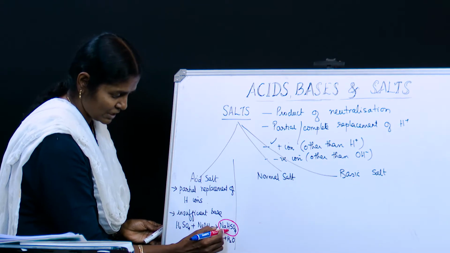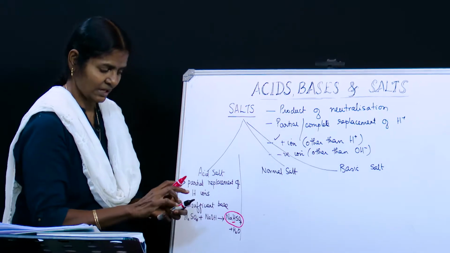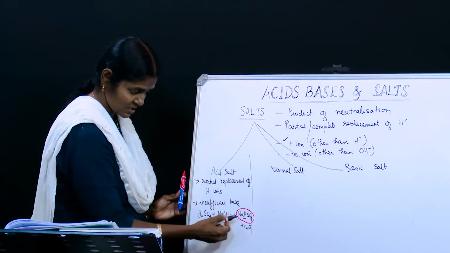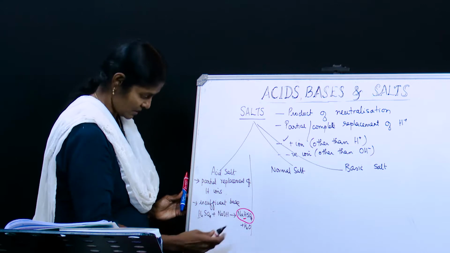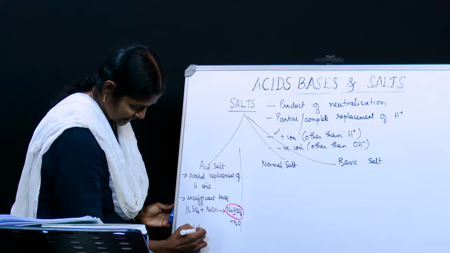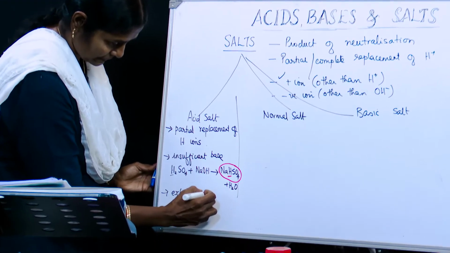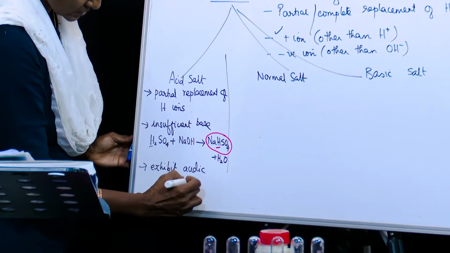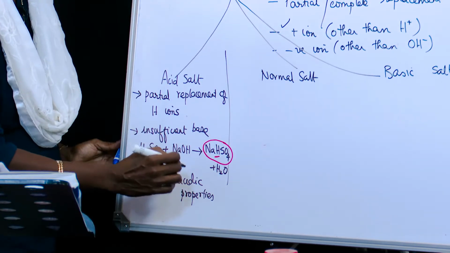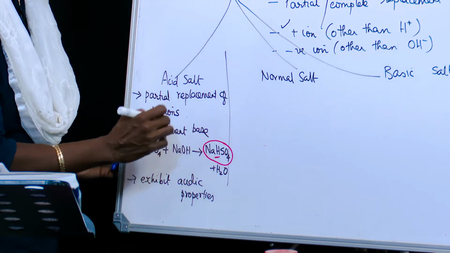This is due to partial replacement of the hydrogen. Both are not replaced. See, there are two hydrogen atoms, only one is replaced. Okay. In that case, this will exhibit acidic properties. All acid salts will exhibit acidic properties as long as hydrogen ion is present in them.